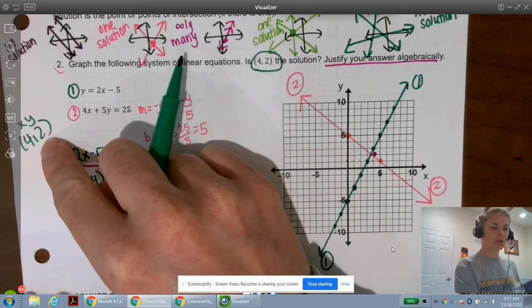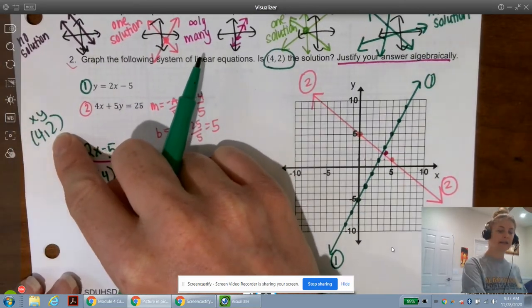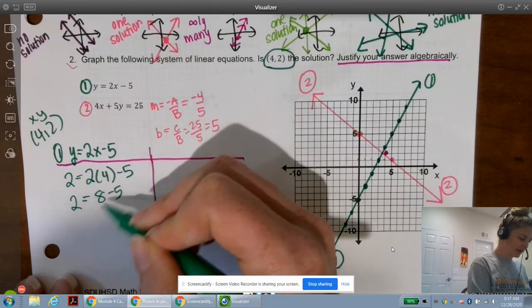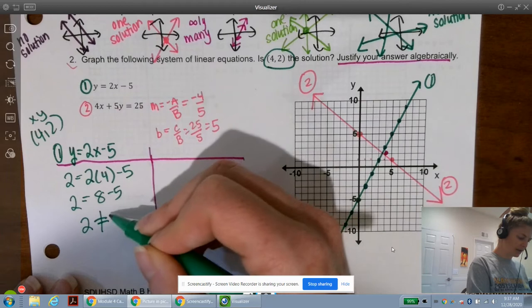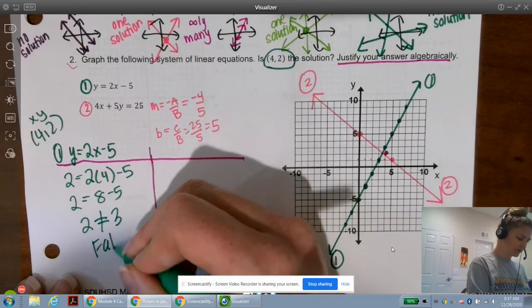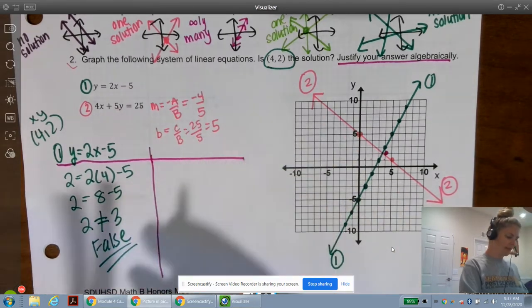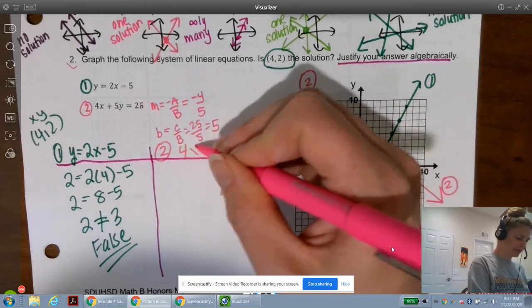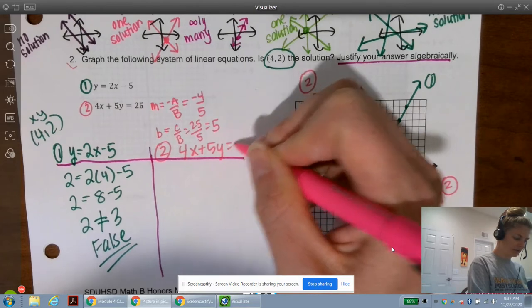If 4 comma 2 was a solution, it means it lies on the line and satisfies the equation. So 2 equals 8 minus 5, but 2 does not equal 3. So this is false. And you always want to verify both equations. 4x plus 5y equals 25.